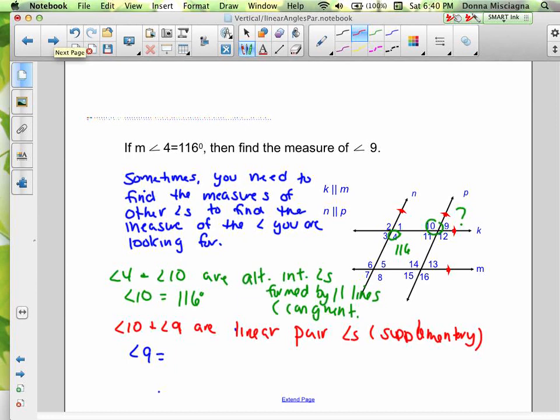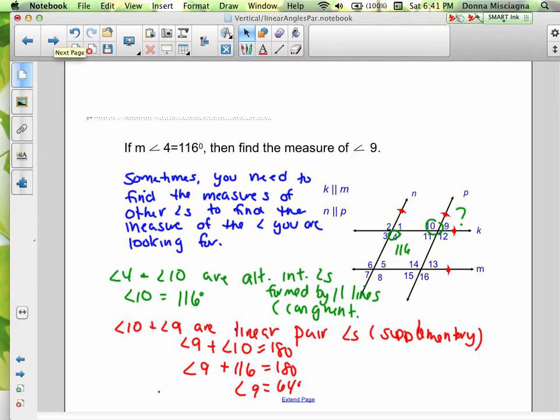So that means angle 9 plus angle 10 add up to 180 degrees. And we already know angle 10 is 116. If we subtract 116 from both sides, angle 9 has to be equal to 64 degrees.